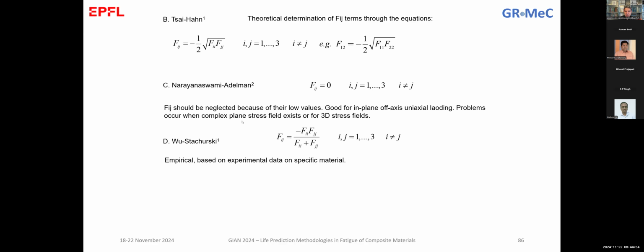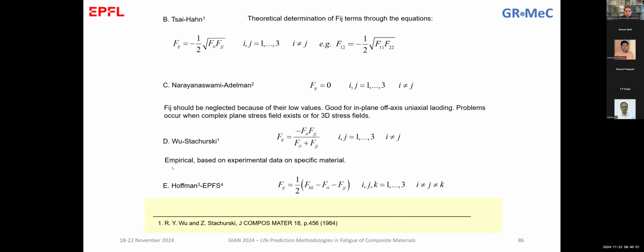Wu and Stakulski, another group, suggested to calculate these terms by these equations, and so on. And there were other empirical suggestions to calculate this Fij by taking into account all the different components of the material system.